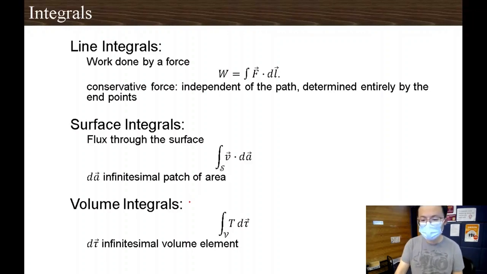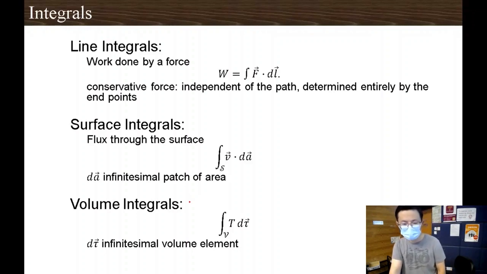So simply what you need to do is integrate F dot the line element, and then you simply follow the path from the beginning to the end. That gives you the work done by the force, right? We also know that for a conservative force, the work done is really independent of the path. It's only determined by the endpoints, right?